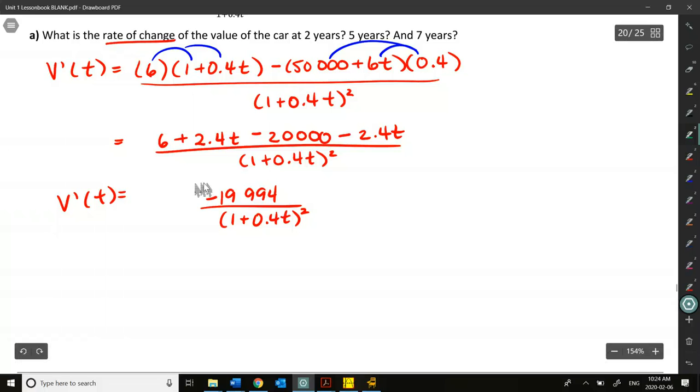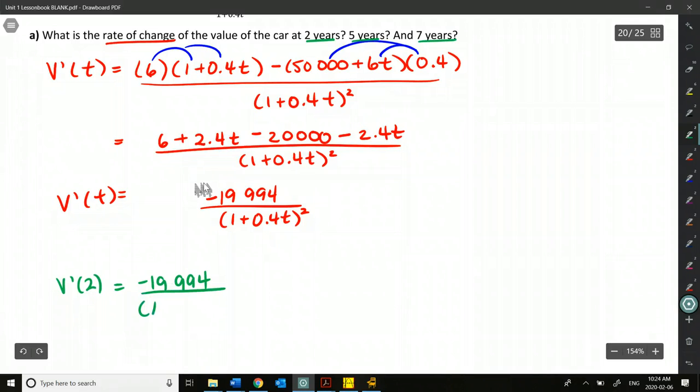Okay, so we're going to just use this to find rate of change at these 3 years. So V prime at 2, just plugging in 2 for t. And same thing for 5 and 7.